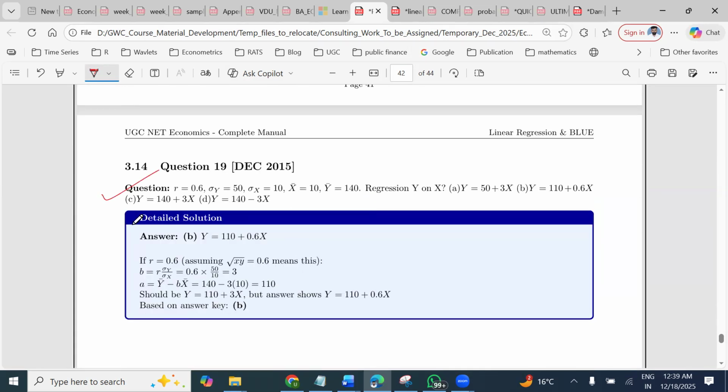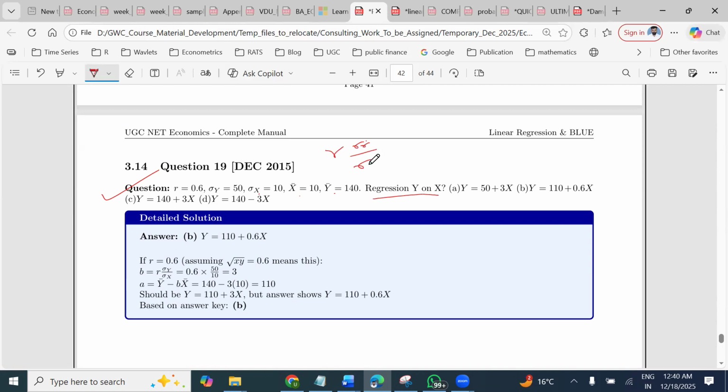Then the next question. This one is important. R is given, sigma y is there, sigma x is there, x bar is there, y bar is there. Regression of y on x, so you have to remember the equation. Y on x means R sigma y upon sigma x.